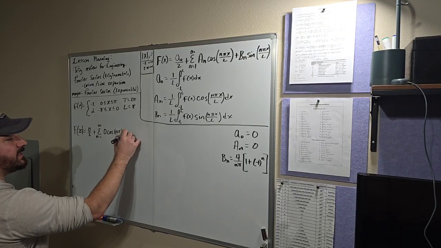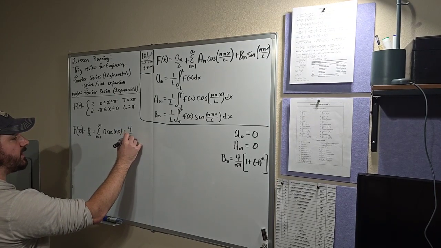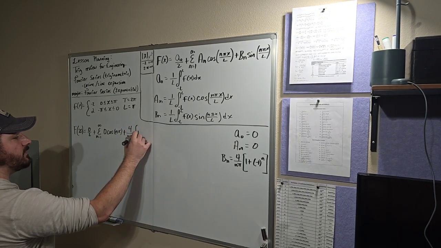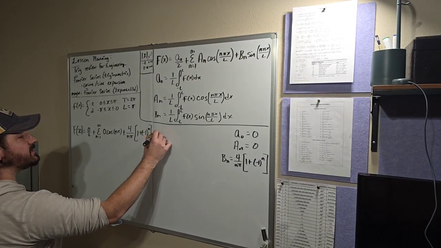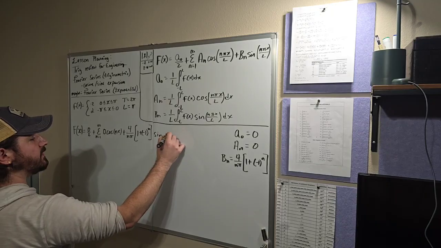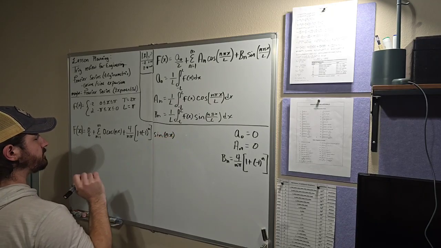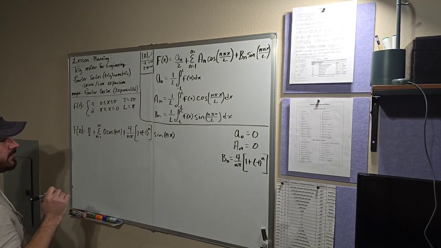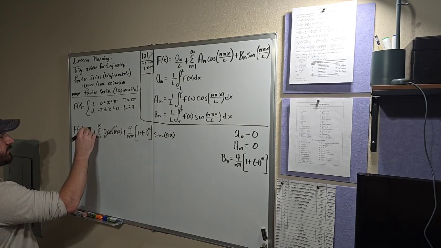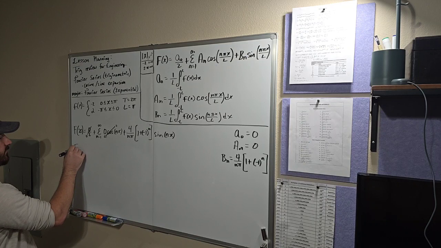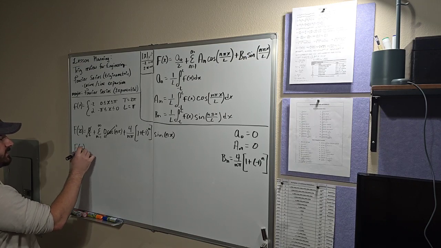So now we have bn is 4 over n pi, and then we have 1 plus negative 1 to the nth power times sine of nx. Okay. So we already know this is going to cancel to 0, and we know this is 0, so we now know that the Fourier series is equal to.